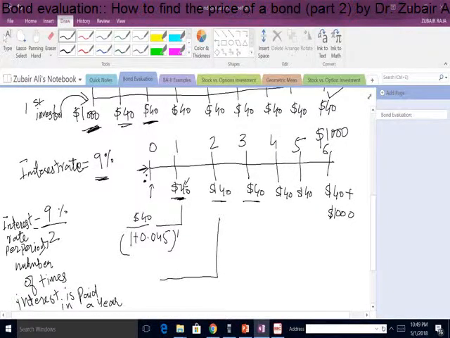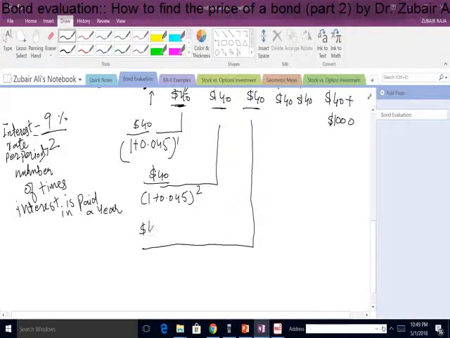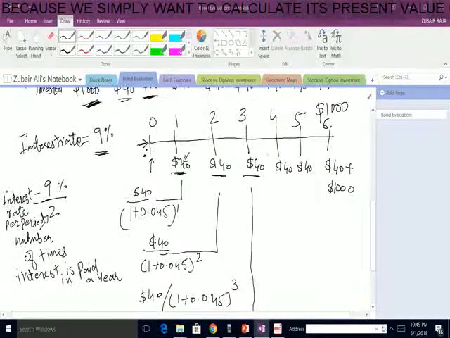So this $40 whole divided by 1 plus 0.045 raised to the power 2. Likewise for the third period, which is this third coupon payment, $40, you need to divide 40 by 1 plus 0.045 raised to the power 3, because from this third $40 payment we need to take away the interest which is embedded in this, and this interest basically accumulated over 3 periods of time.